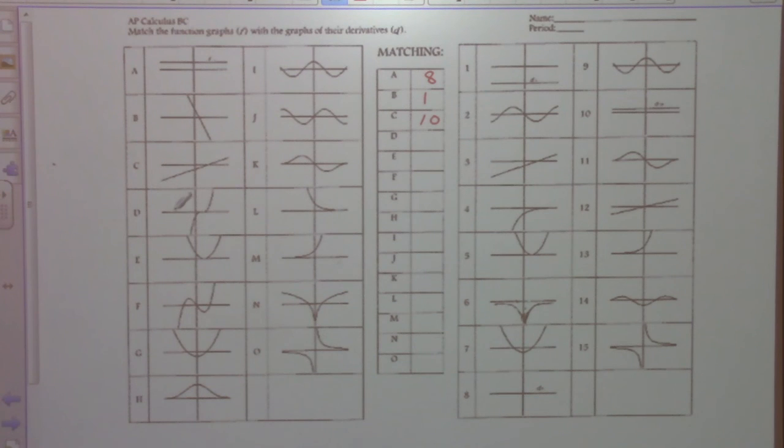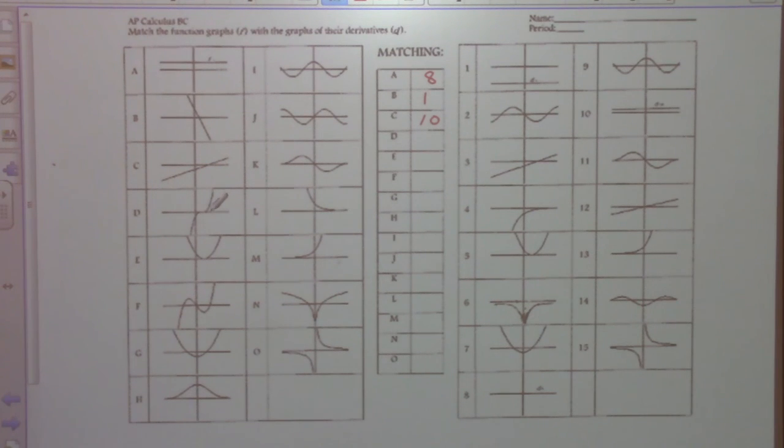And then this one here, you have this cubic function. So what is this going to look like? It's going to be a parabola, isn't it? Which one is our parabola that looks right for this? Increasing, stops, still increasing. Is the slope ever negative?